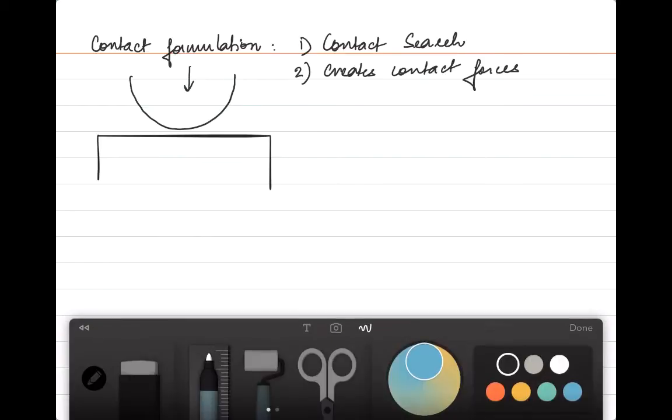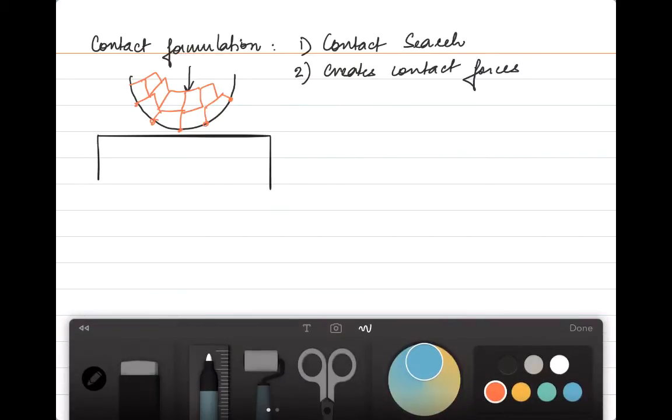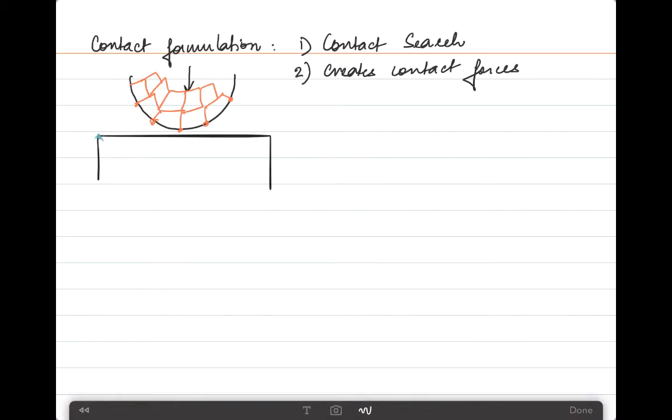Then depending on the mesh of the body, if the body is meshed in such a way that you have nodes in these locations, here, here, here, and so on, and on the second body you have nodes which are denoted by these crosses.